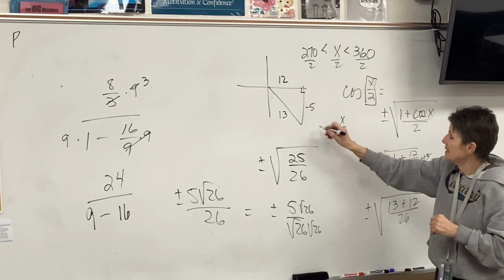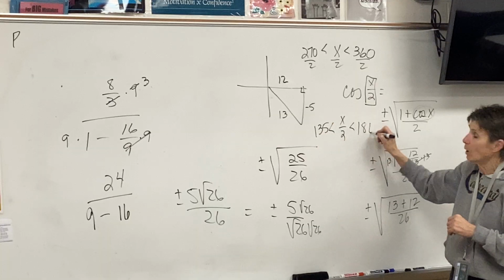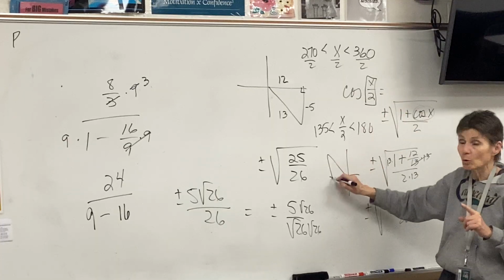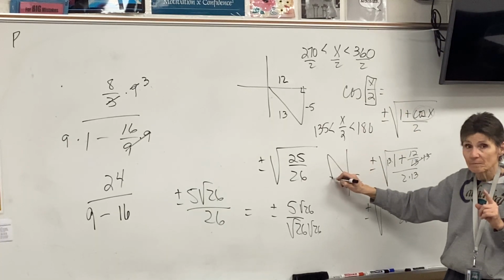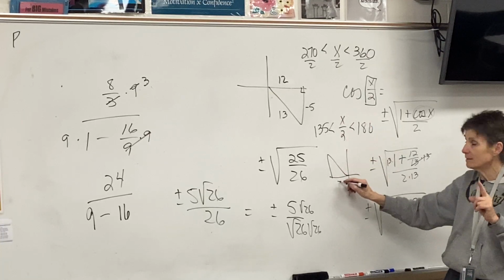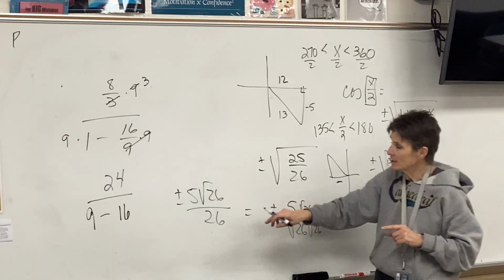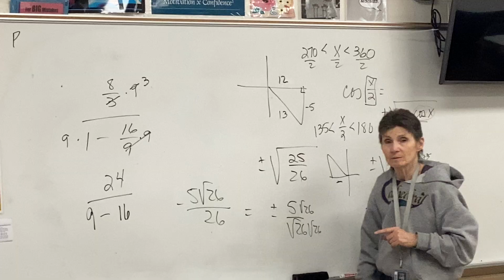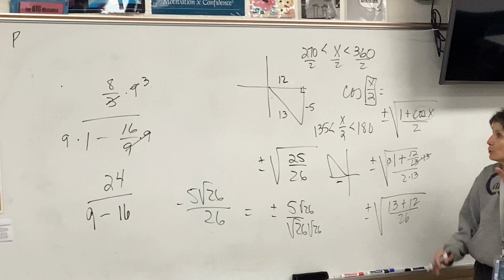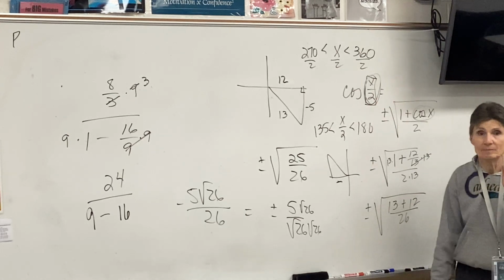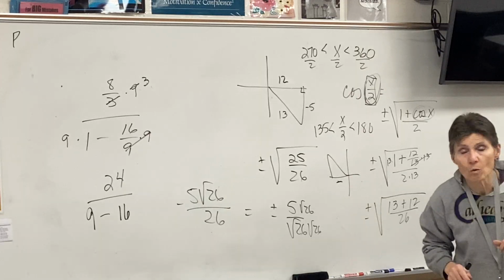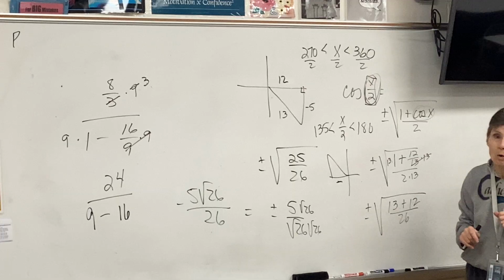Well, it's between 135 and 180, which means that angle is over here in quadrant 2. And in quadrant 2, the cosine is negative. So you're going to want the negative root. So when you go to pick your plus or minus, you base it on the half, not the whole. The whole angle was in quadrant 4. Half of it ends up in quadrant 2.